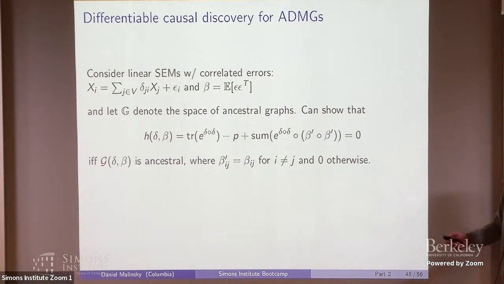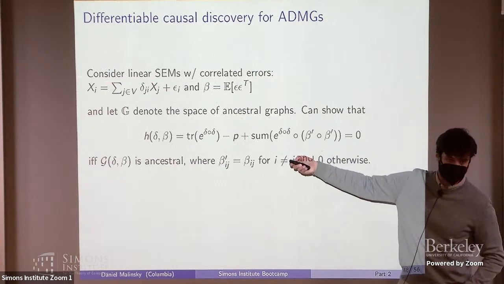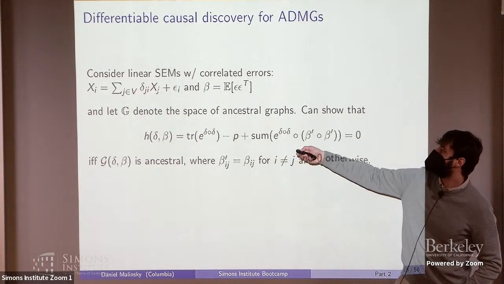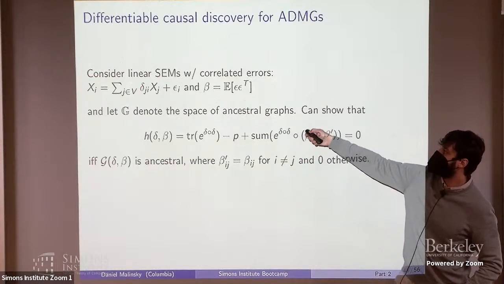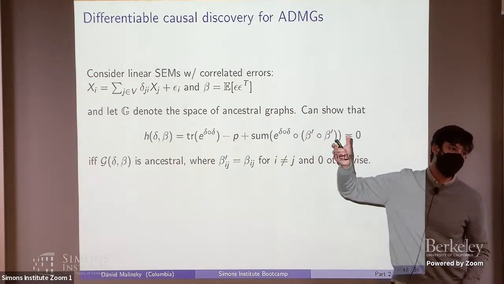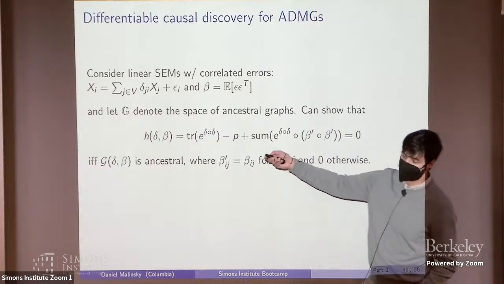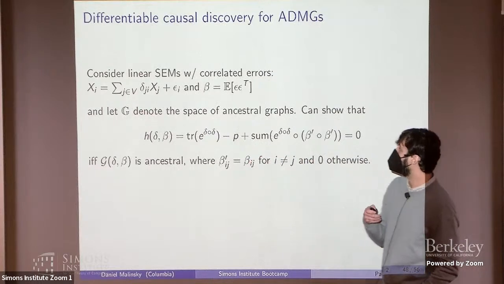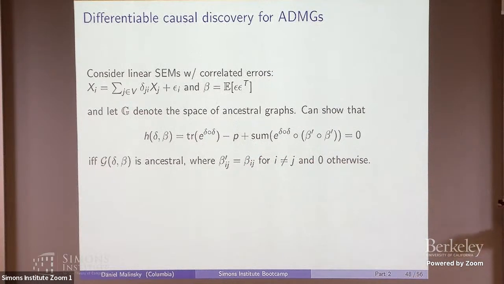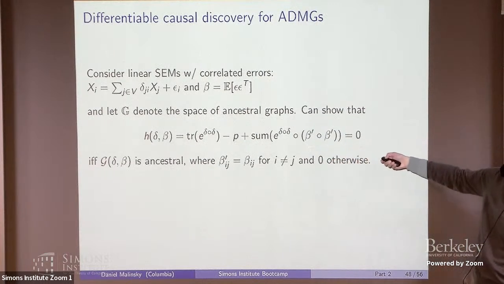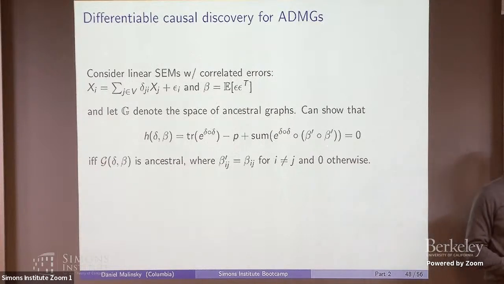Again, assuming a linear structural equation model, except now I have both coefficients and covariances between my errors to represent that unmeasured confounding. And so now if I define my space G to be the space of ancestral graphs, you can show that I can define this H function, which again is a continuous and differentiable function of a bunch of matrix parameters that is 0 if and only if the graph is ancestral.